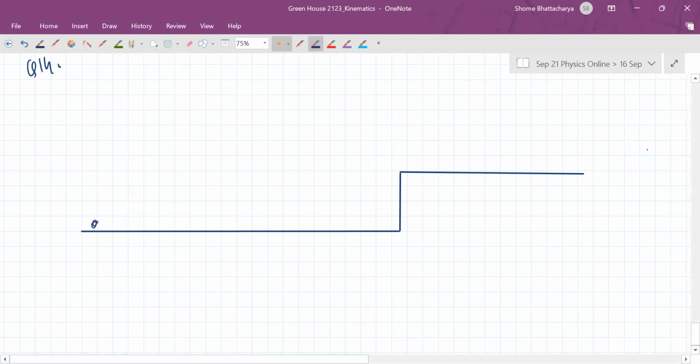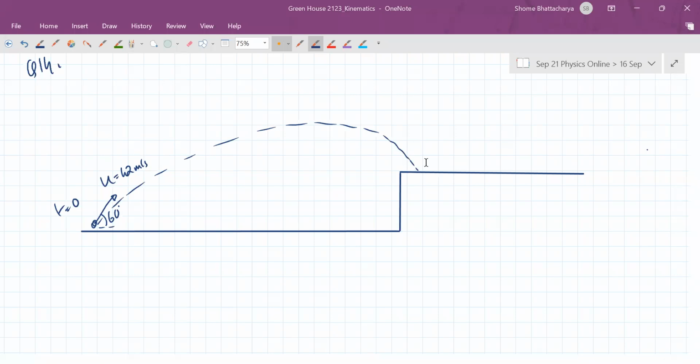So let's understand this question. It's given to us that we are projecting something at t equal to 0 with a speed of 42 meters per second at an angle of 60 degrees. And then it's also given that it goes and strikes somewhere on this cliff with a velocity v at a time of 5.5 seconds.